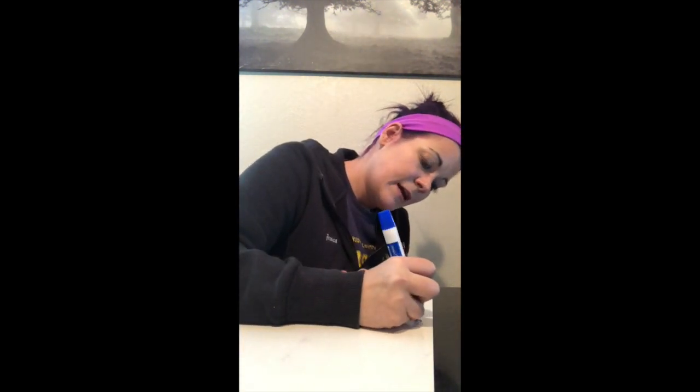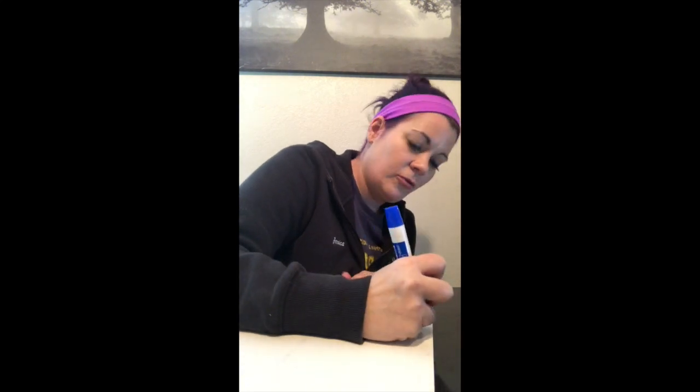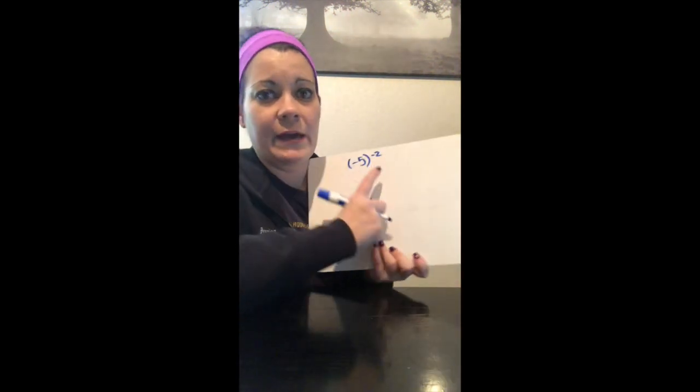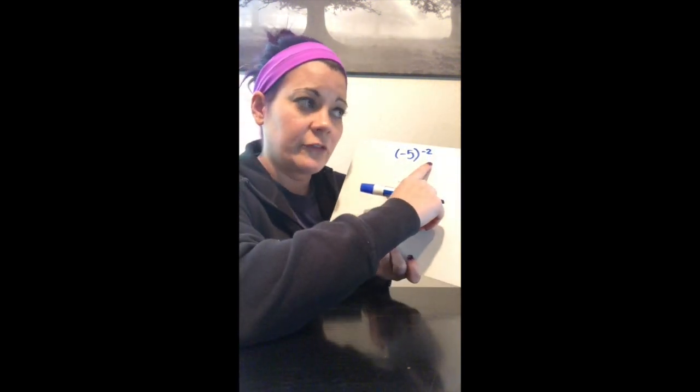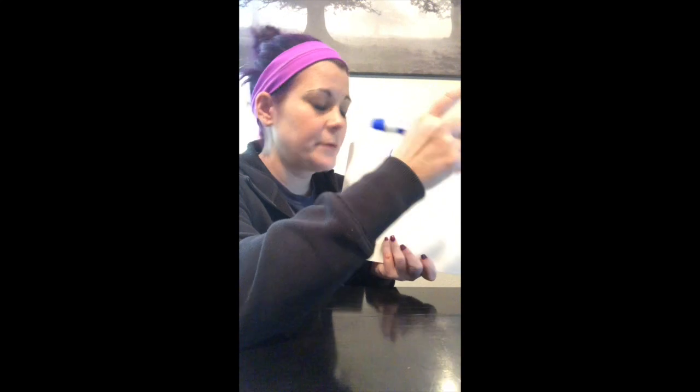Okay, now we're going to look at negative exponents. So when you have negative 5 to the negative 2, with a negative exponent, first of all, you don't want to have a negative exponent. When it's raised to a negative exponent, that means it's got to be a fraction.